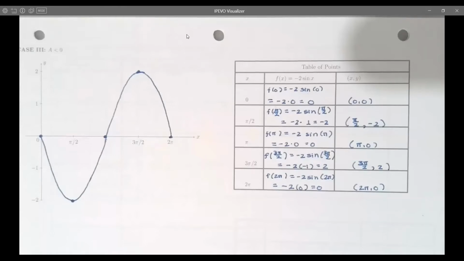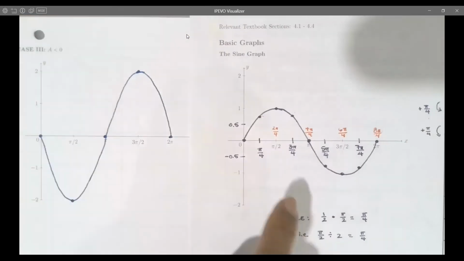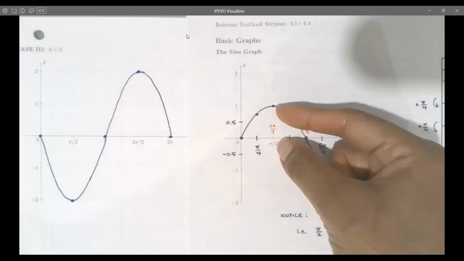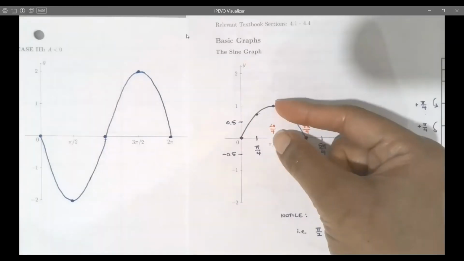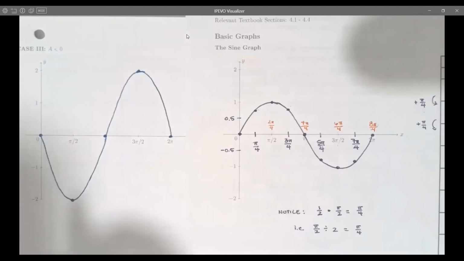Here's the original sine graph from page number 1. In the original sine graph, first of all, the amplitude was a 1, right? In this case, what's the amplitude for the one we just did? Negative 2. Oh, yeah, so it would be positive 2, and here's why. Remember, the amplitude describes the distance.